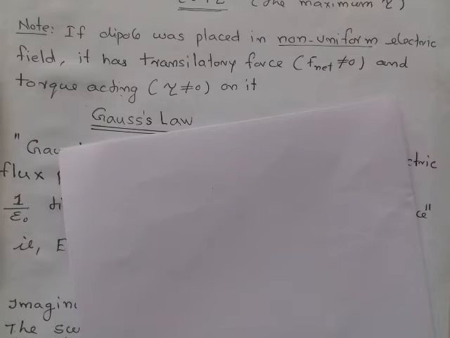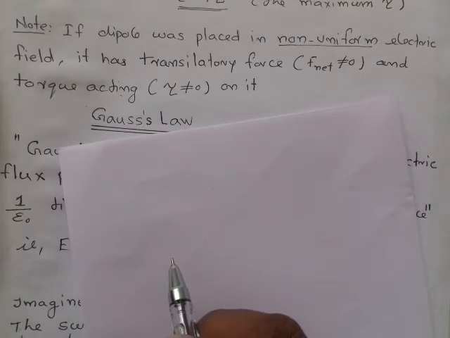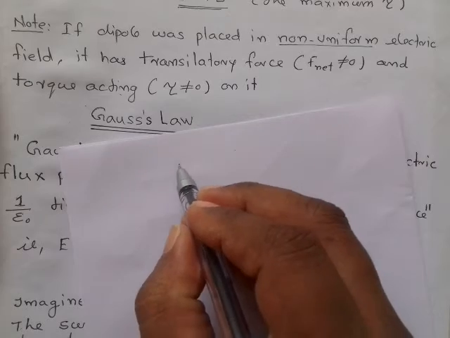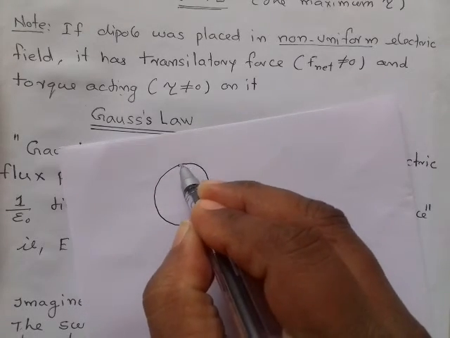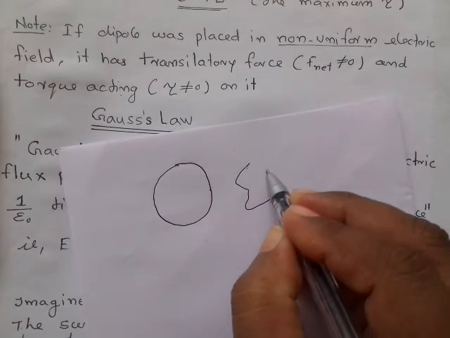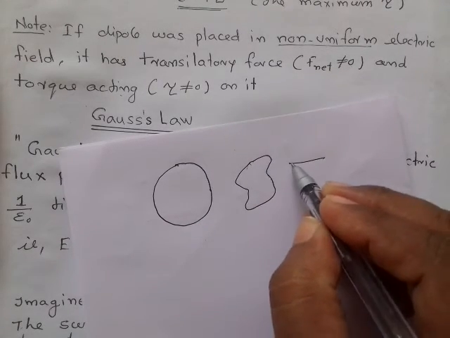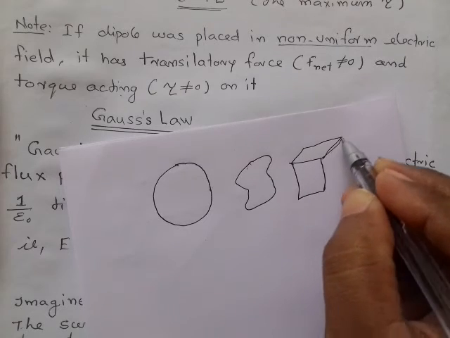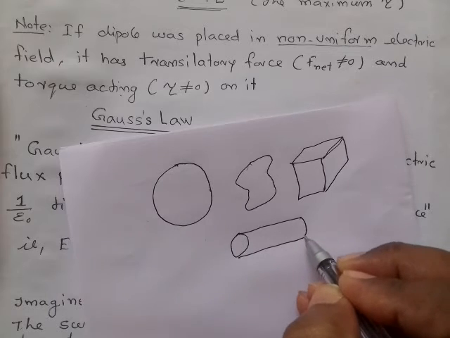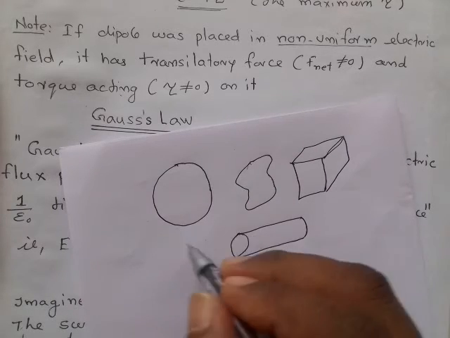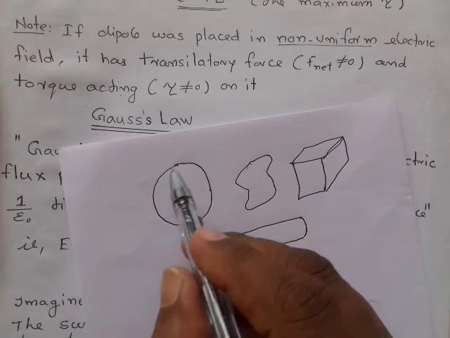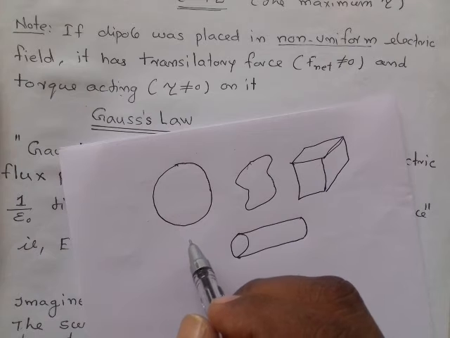In order to apply Gauss's theorem, we need to have a Gaussian surface. A Gaussian surface is a closed surface of any shape. For ease of practice, we usually take a spherical shape, but it can be a cube, cuboid or a cylinder. Not only a perfect geometrical shape, any closed shape can be a Gaussian surface. Second, it can be an imaginary surface.